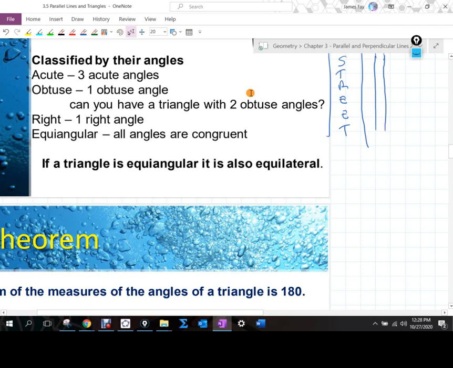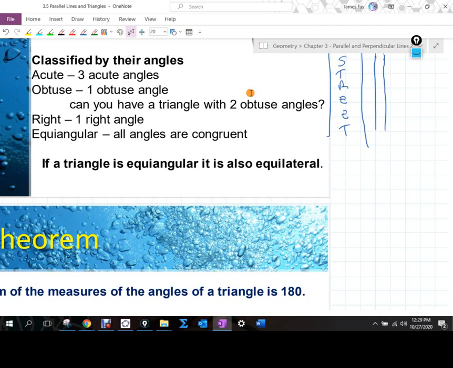We're going to talk about acute. Acute triangles are triangles that have all three angles less than 90 degrees. An obtuse triangle has one angle bigger than 90. Why can't I have two angles bigger than 90? What would be a measurement bigger than 90? 91.